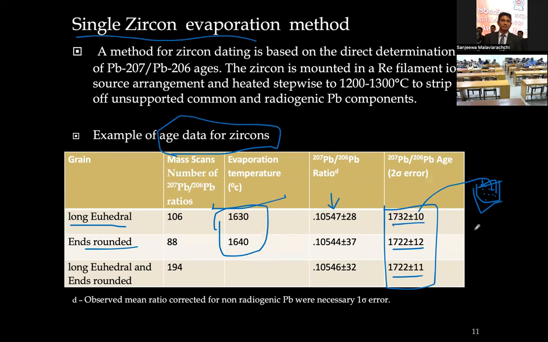But in igneous rocks, it's very easy, because the zircon crystallizes from magma directly. So the formation of the zircon means formation of the rock in the case of igneous rocks. But in sedimentary rocks, that is not the case. In sedimentary rocks, what you get is mostly the provenance age, that means the age of the precursor materials.